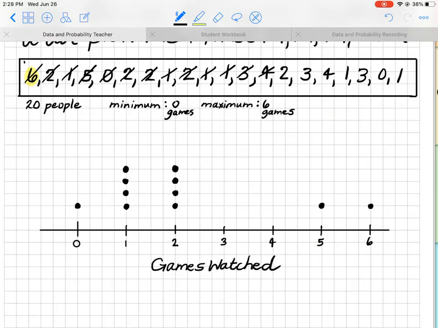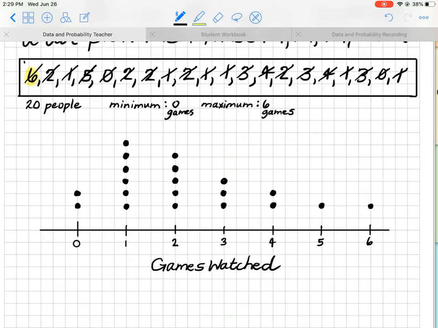Then 3 and 4. One person said 3, one person said 4. Then 2, 3, 2, 3, 4, 1, 4, 1, and 3, 0, 1, 3, 0, and 1.